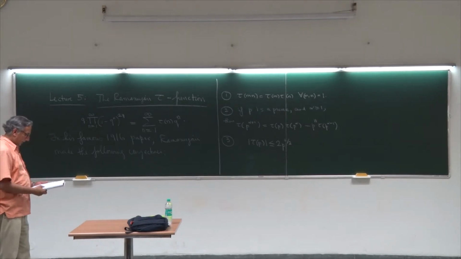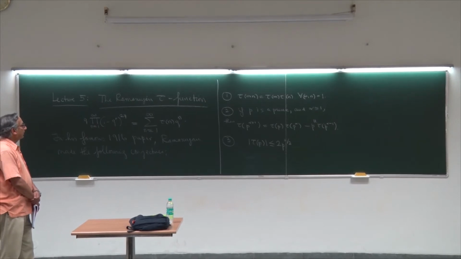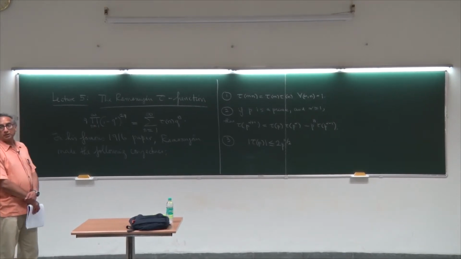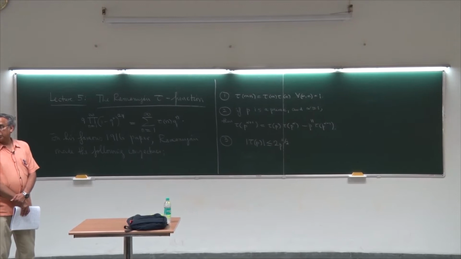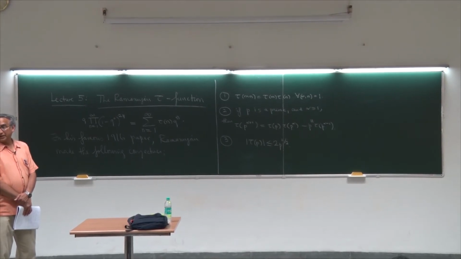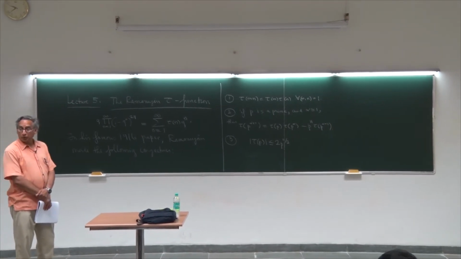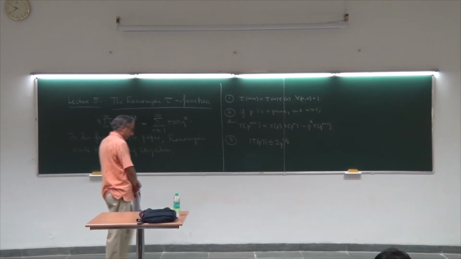And it's interesting to note, as a point of historical interest, that conjectures 1 and 2 were immediately proved by Mordell in a very short paper in 1917. But number 3 he didn't know how to do, and he left it.